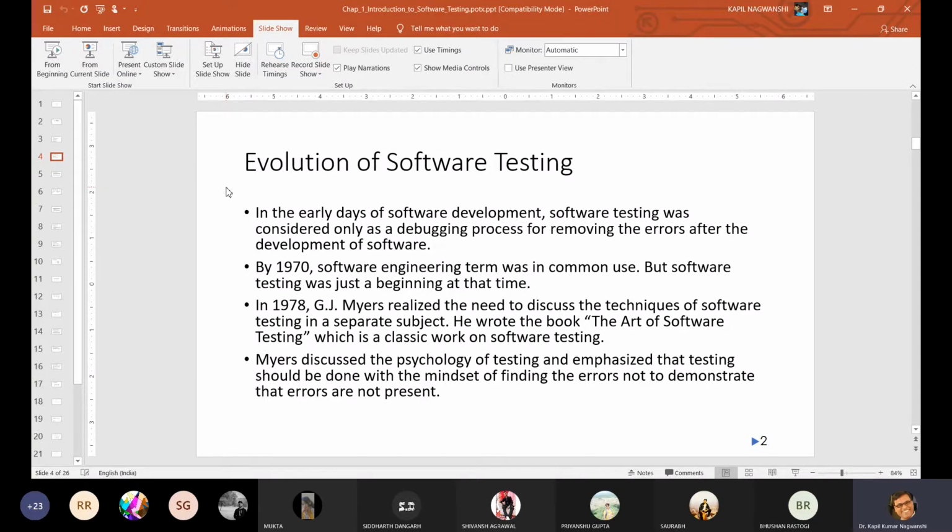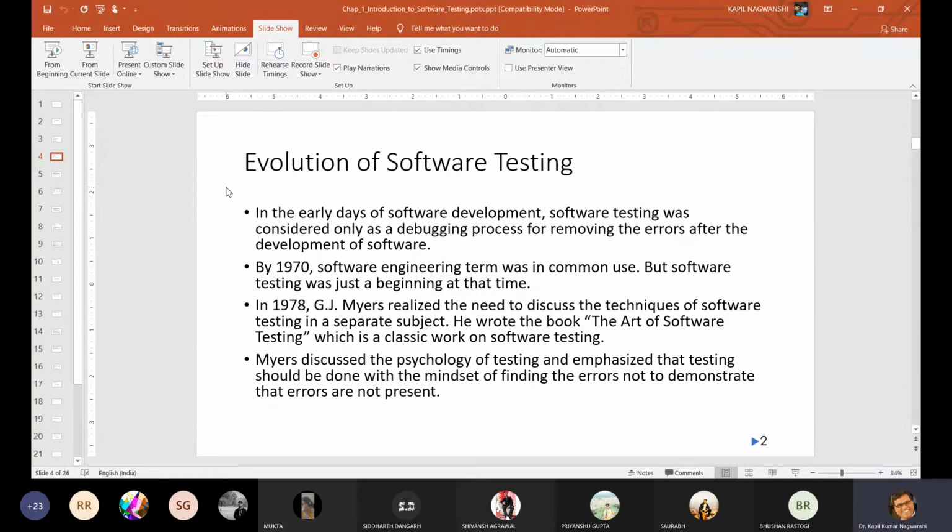Myers discussed the psychology of testing and emphasized that testing should be done with the mindset of finding errors, not to demonstrate that errors are not present. It is much better to find that we have errors and accept that, and we will modify the code, because a lot of lines of code are there.